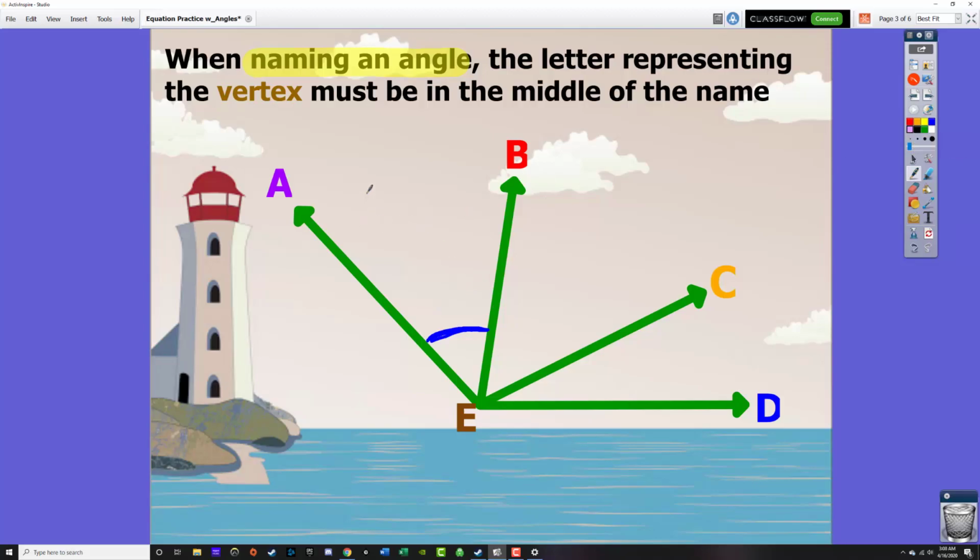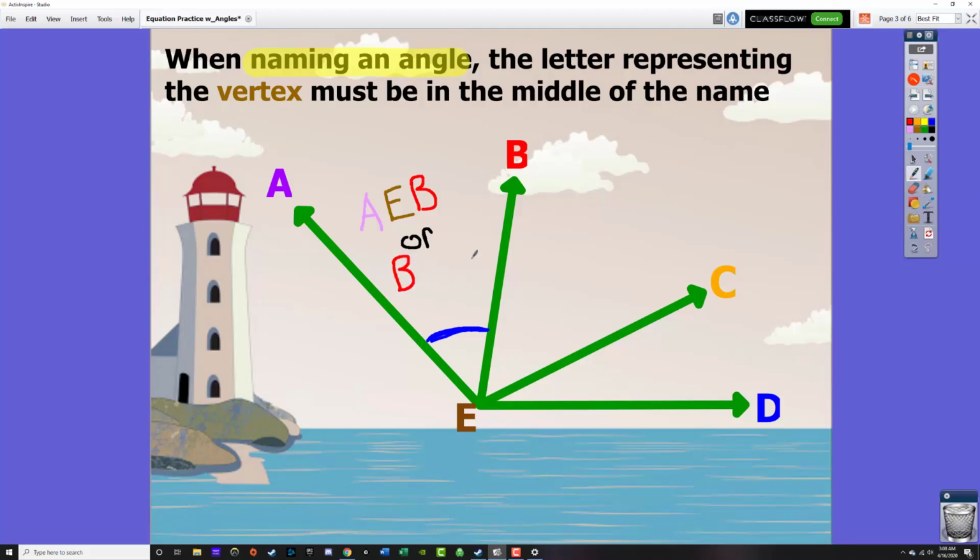Okay, we can call it angle A, E, B, or we can refer to it the other way around.